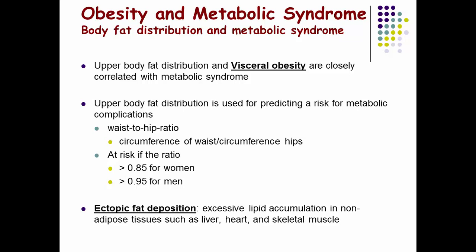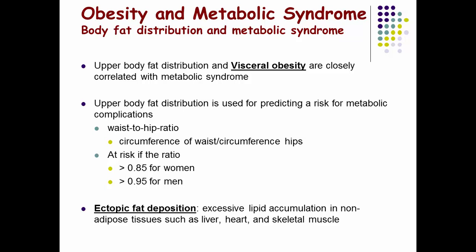So if we look at a little bit more detail, the body fat distribution is more important. The upper body fat distribution, also called visceral obesity, as I mentioned, is closely correlated with cardiovascular disease and insulin-resistant type 2 diabetes.